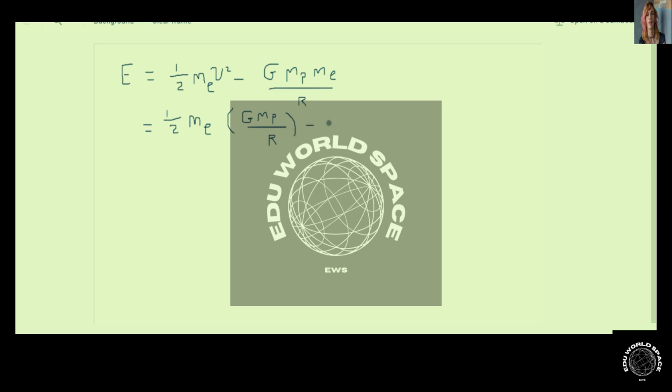And you discover something very neat here. Those two expressions are exactly the same except for the 1/2 here. So you end up with the following. This total energy will be equal to minus 1/2 J Me Mb over r.